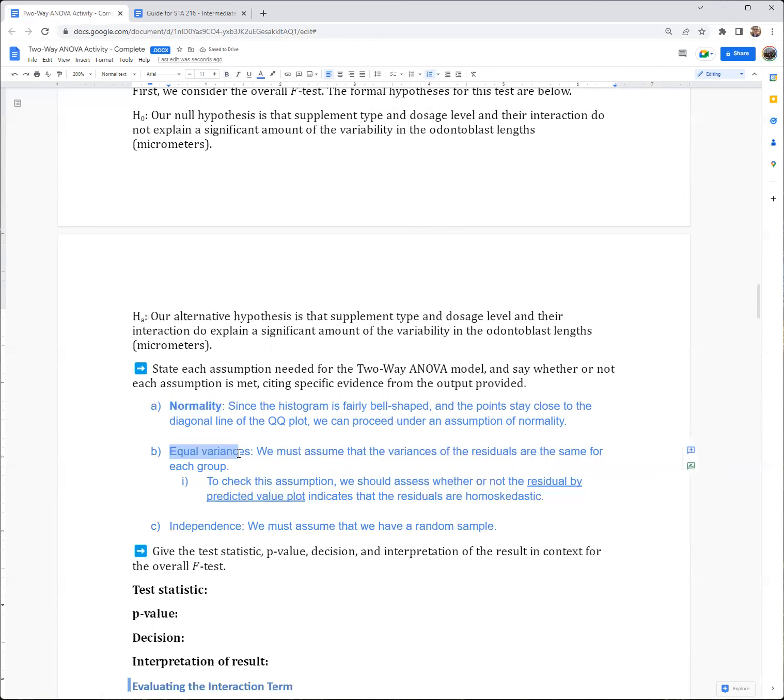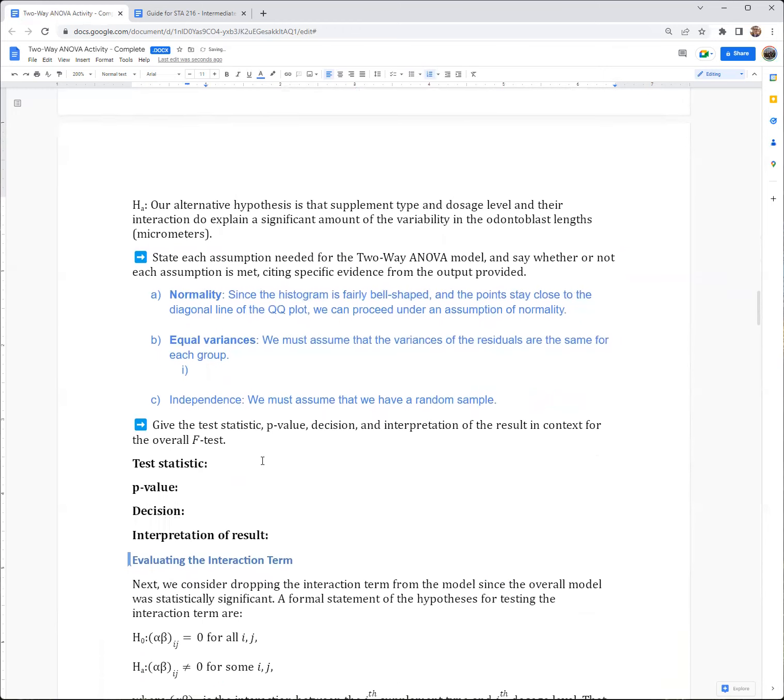Let's check out homoscedasticity, the equal variances assumption. We need that the vertical spread of the points on the residual by fitted value plot is fairly constant as we go from left to right. Okay, so let's check that out.